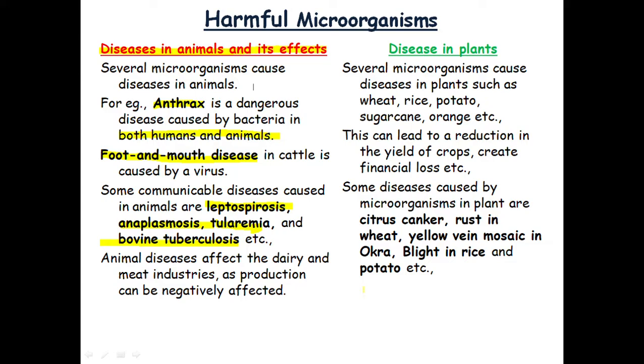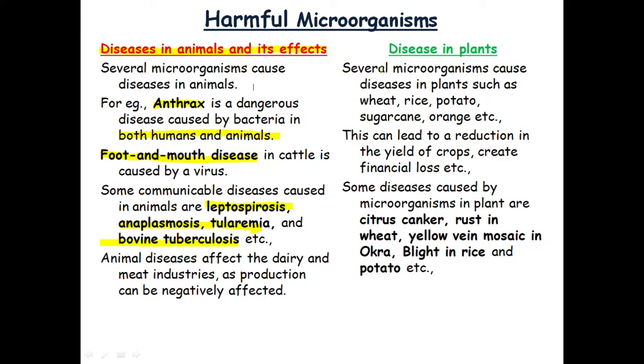So this will affect the dairy and the meat industries at a financial or economical level. The production can be negatively affected. These are the diseases in animals and they cause a negative reaction in production as well as at the economical or financial level.